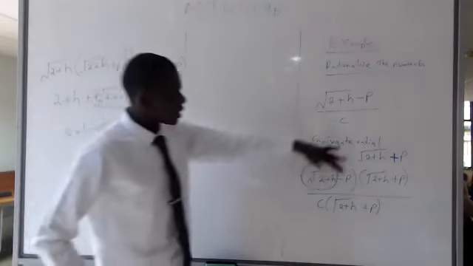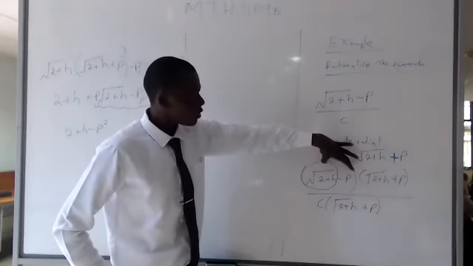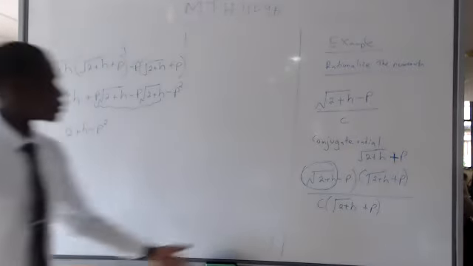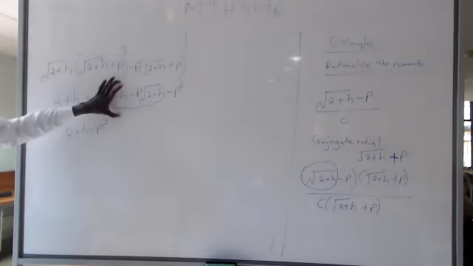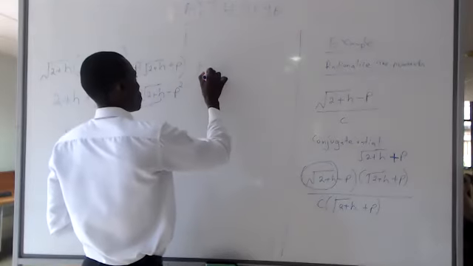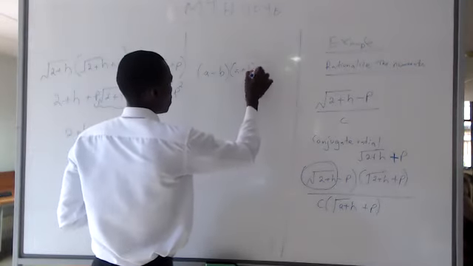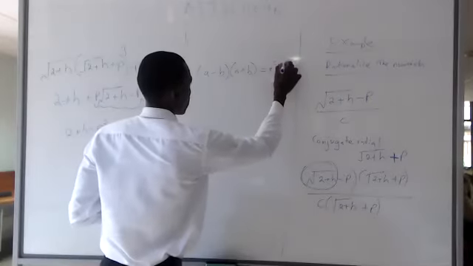And this step can at times get very messy. So I advise you to always remember to use a difference of squares to simplify such expressions. You don't have to go through all this because this middle term will always collapse. The only expression you need to remember is that a minus b multiplied by a plus b is a squared minus b squared.